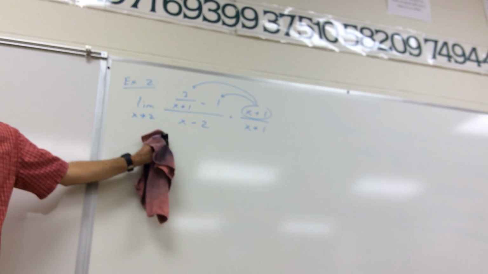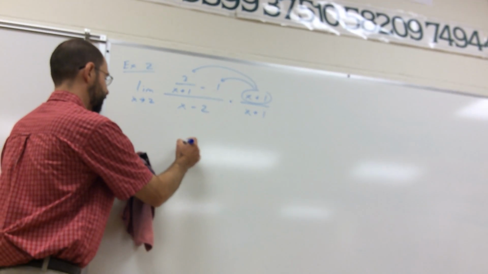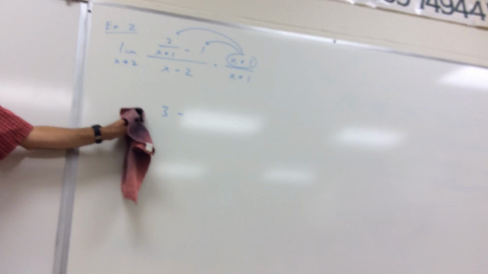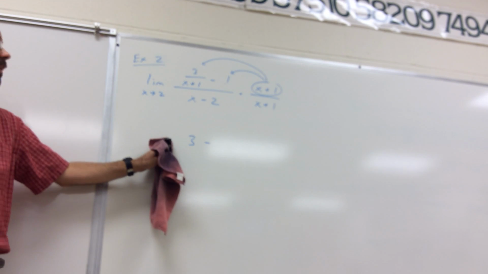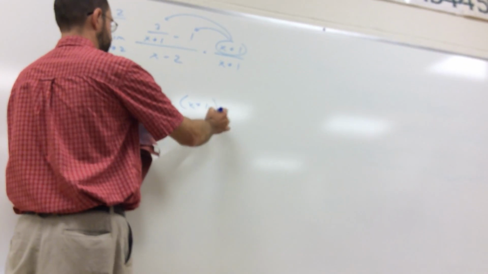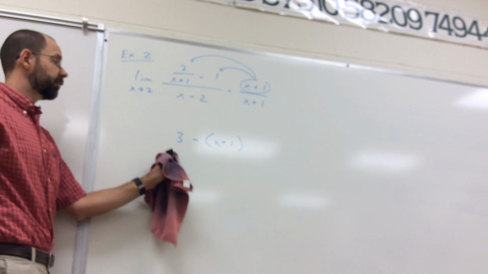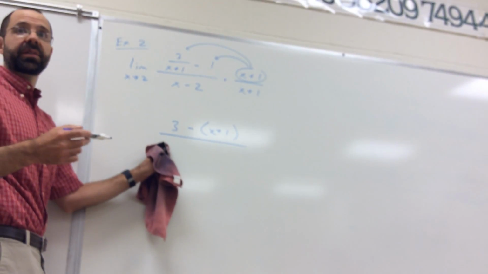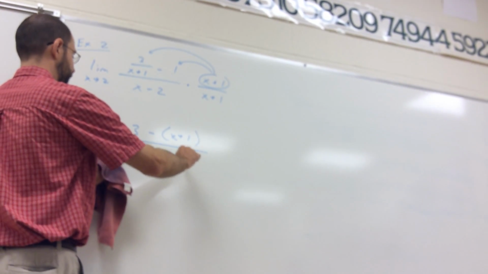So we're taking x plus 1 times that first fraction, and that just gives you 3. And then if you take x plus 1 times 1, that's x plus 1. And then on the bottom, don't multiply it out. Just leave it as x minus 2 times x plus 1.